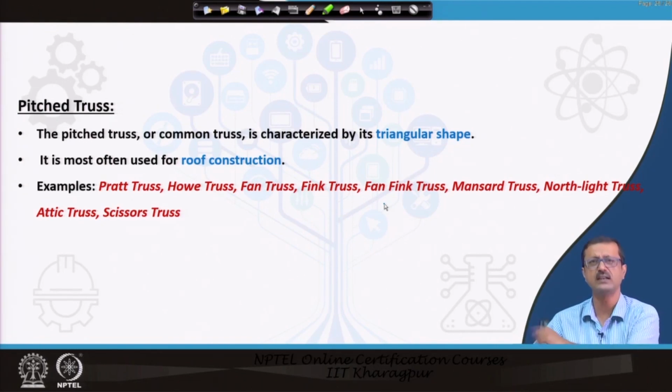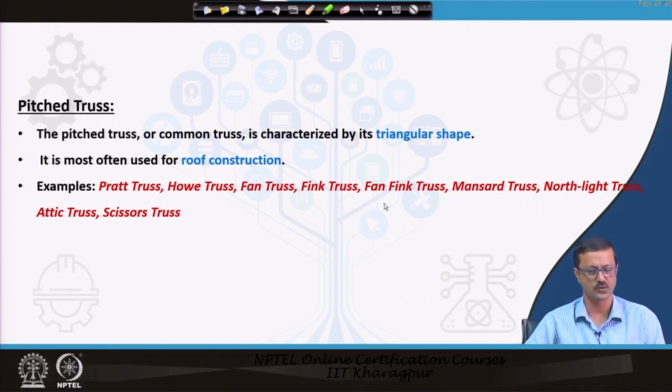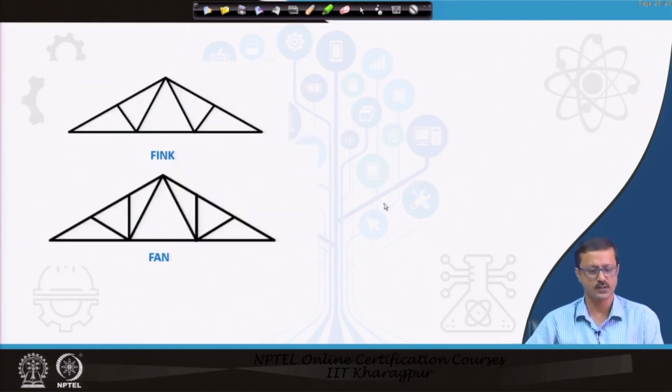And there are plenty of examples of types, from the geometry point of view. There are examples of the pitch truss, and they are applied in various types of buildings, to cater to various needs. The two very simple types of pitch truss are called the fink and the fan.